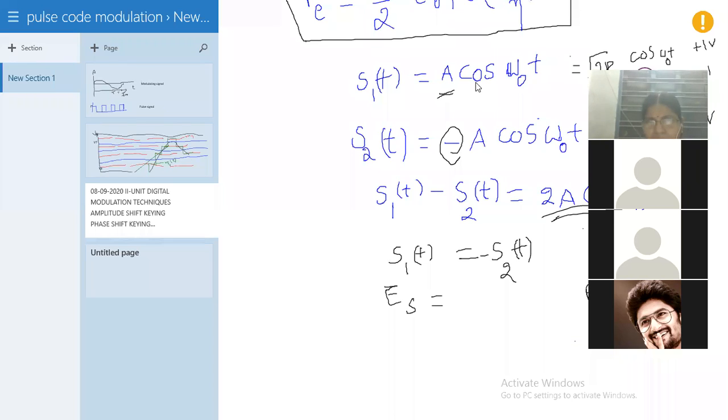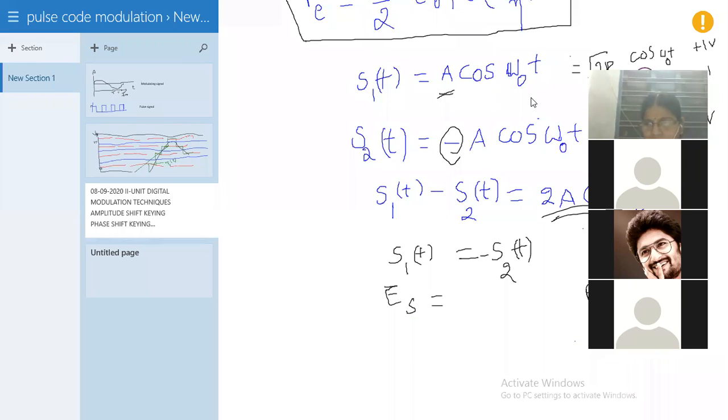The power contained in this signal is equal to amplitude A by RMS, that is A by root 2 whole square. So this is equal to A square by 2. The energy is the power contained within the bit. So power is A square by 2.